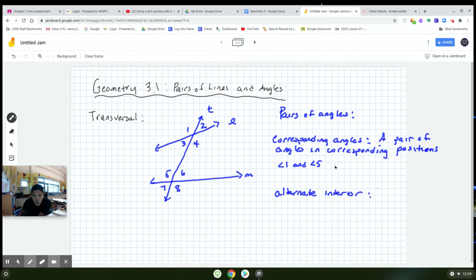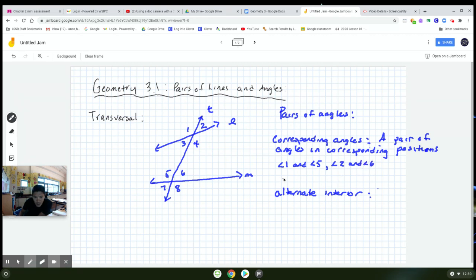Those aren't the only corresponding angles in the diagram. Maybe pause and then think about what another pair of corresponding angles are. So another pair of corresponding angles, if you thought about it, should be angle 2. It's to the right of the transversal and it's above the line L. So angle 2 and angle 6 are corresponding angles.